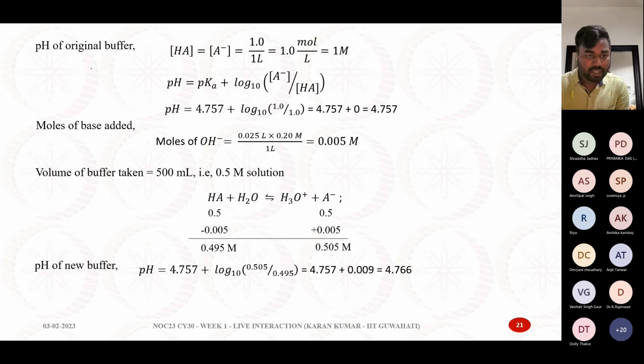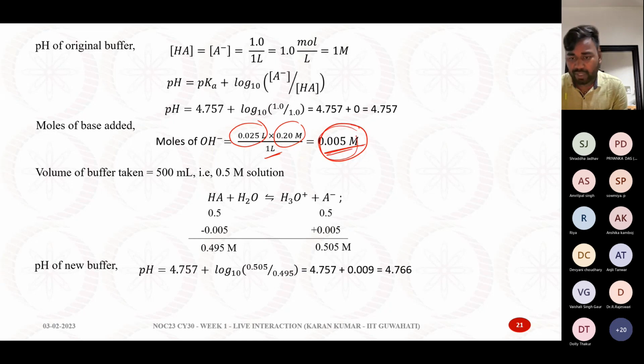So you understood how the moles of base were calculated, right? 25 ml was given, 0.2 molar was given, and 1 liter solution. So the moles of base are 0.005. Now the volume of buffer was taken as 500 ml, and therefore it will have 0.5 moles.